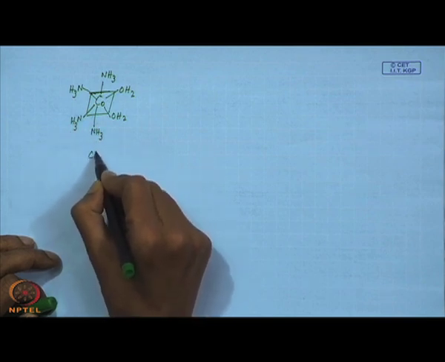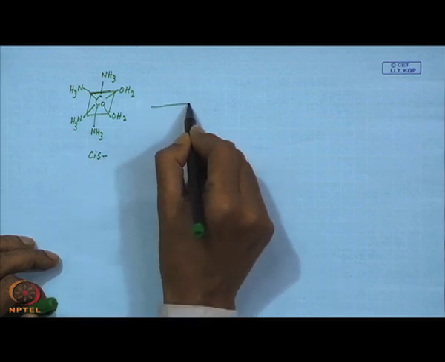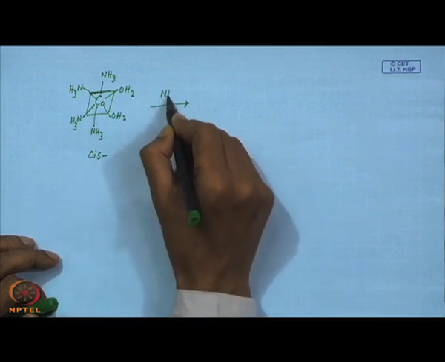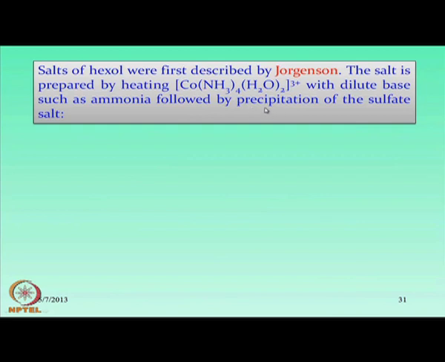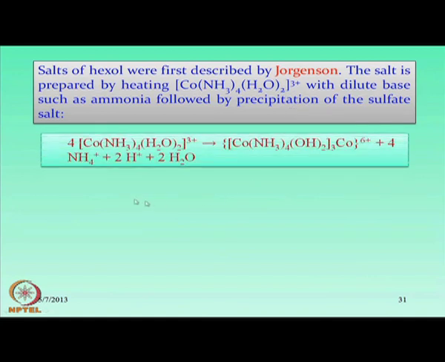So if we take the cis compound and heat it with ammonia, then what happens? The compound which we get can be precipitated as its sulfate salt, because if it is cationic we need some anions to get it precipitated.